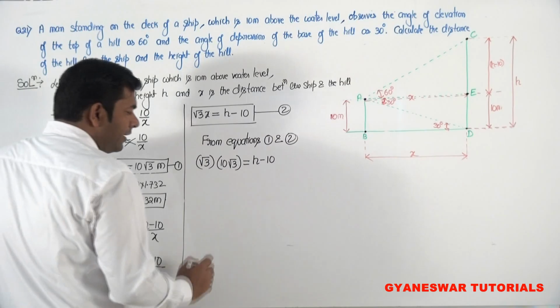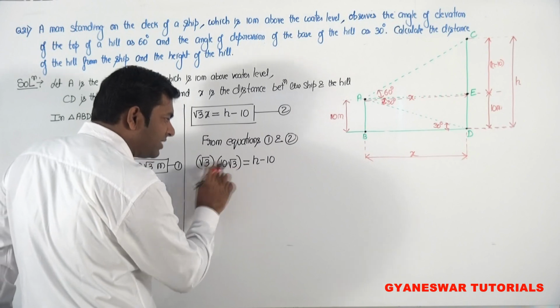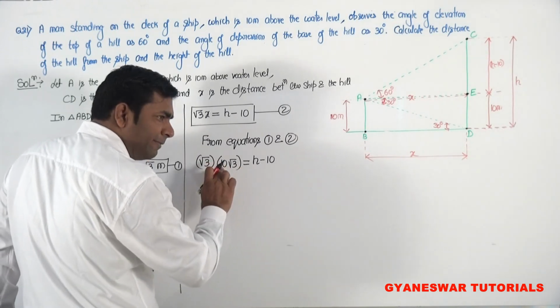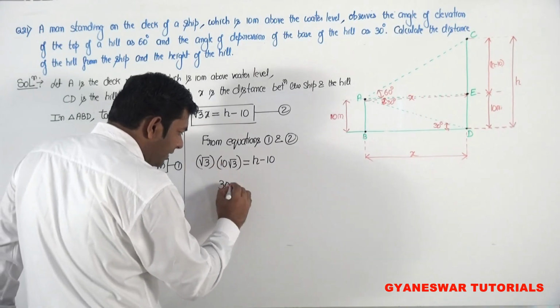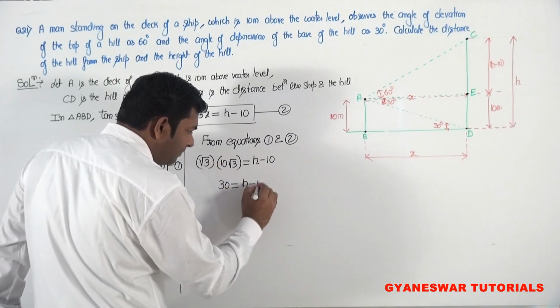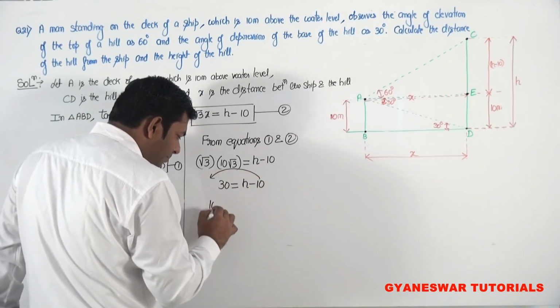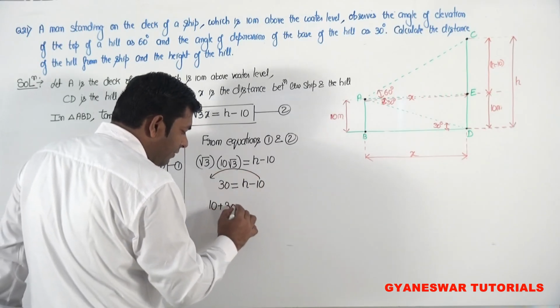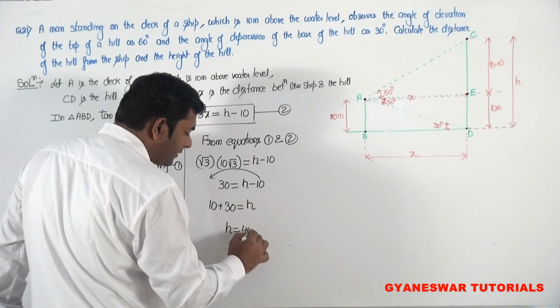So that is 10 into root 3 into root 3. Root 3 into root 3 is 3. 3 into 10 is 30, equal to h minus 10. Bring this minus 10 to the other side. So 10 plus 30 is equal to h. So h is equal to 40 meters.